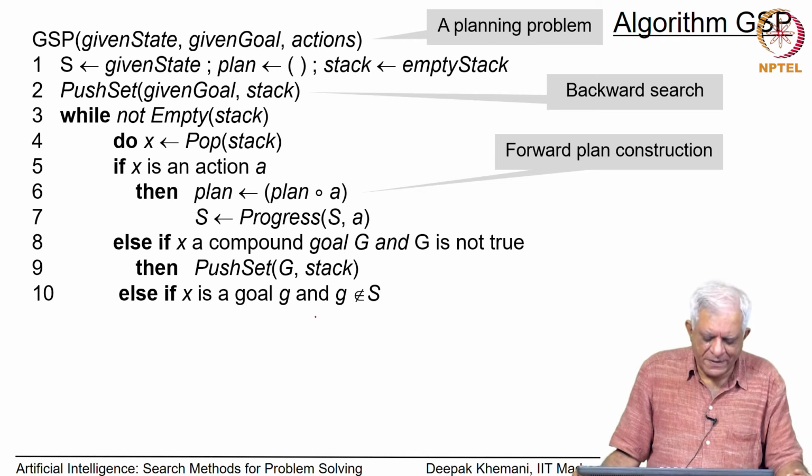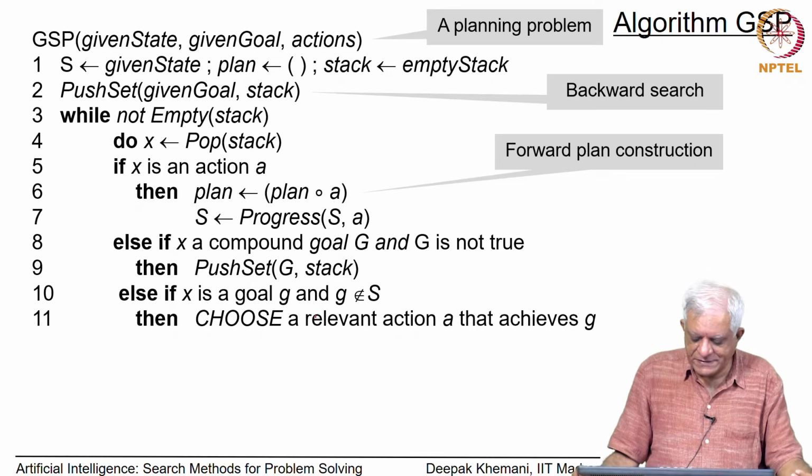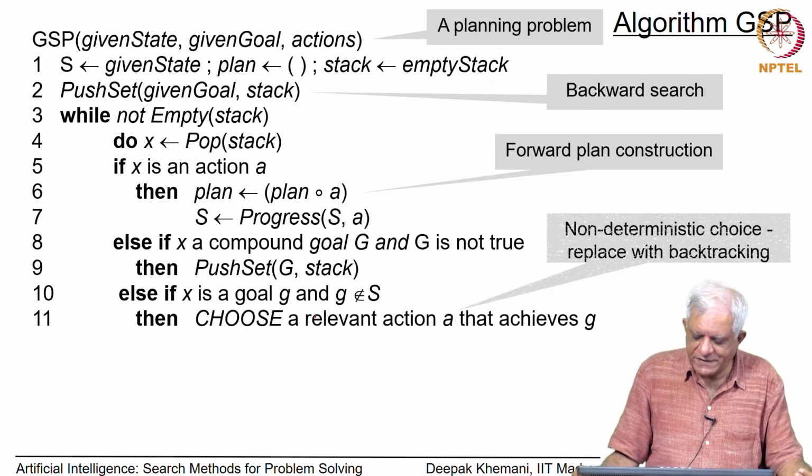The third thing that can happen is that what you have popped out is an individual goal, which we have represented as small g. Again, if it is true in the state, which means g belongs to S, you do not have to do anything, but if it is not true in the state, then you have to choose a relevant action A that achieves g. Okay.